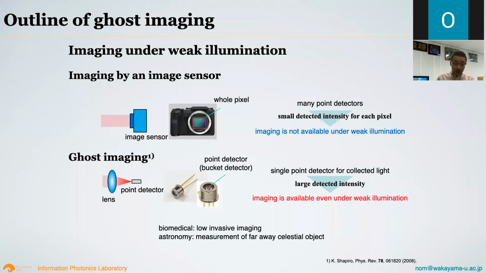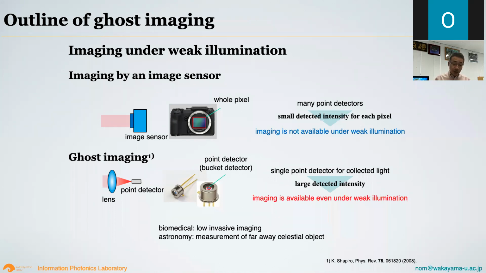On the contrary, ghost imaging does not use a camera, an area sensor or image sensor. It uses a point detector, a bucket detector, like a single photodetector, to detect the collected light. In this case, the intensity is larger than this one, so imaging is available even under weak illumination.